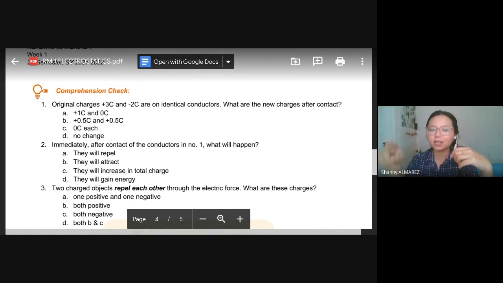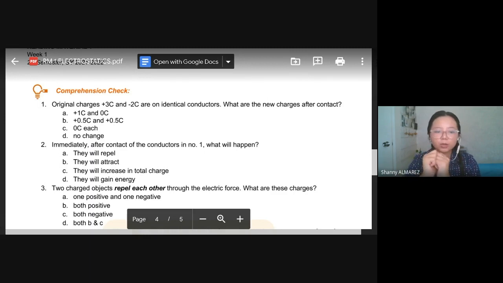So, positive 1, you just divide it by 2. So, pinaghati nyo yung amount ng charge sa kanilang dalawa. Okay? Nakuha? So, individually, they have positive 0.5 coulombs. Now, after the process of conduction, edi parehas na sila ng positive.